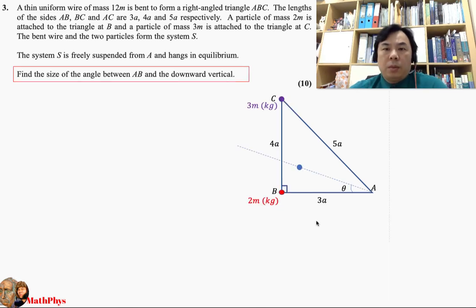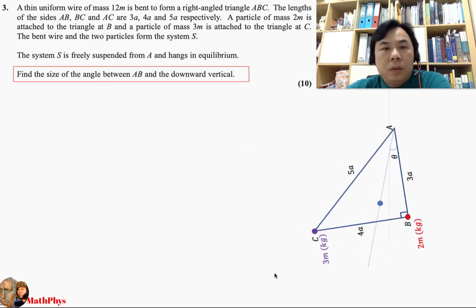Okay, now I'm going to change the view here. We are going to hang this system S about the point A here. Let me show you a short animation to look at what we are looking at for this question here.